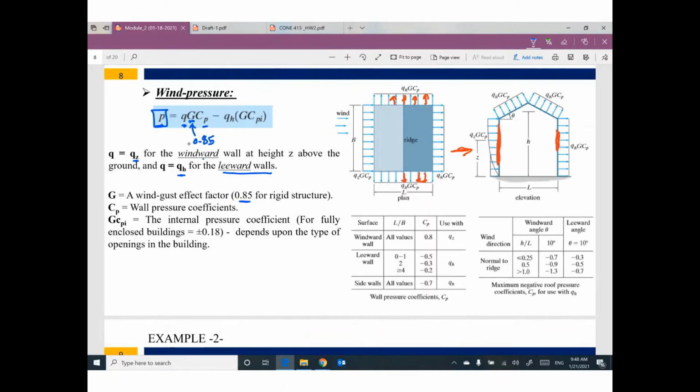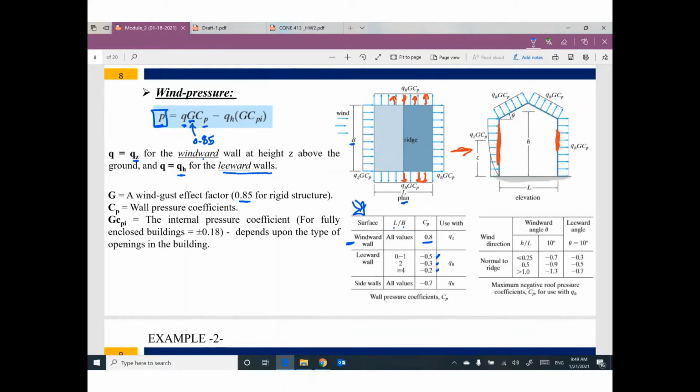Cp is the wall pressure coefficient based on this table. For the windward wall, Cp equals 0.8. For the leeward wall, Cp equals these values based on the relationship between L divided by B. L is the width of the building.